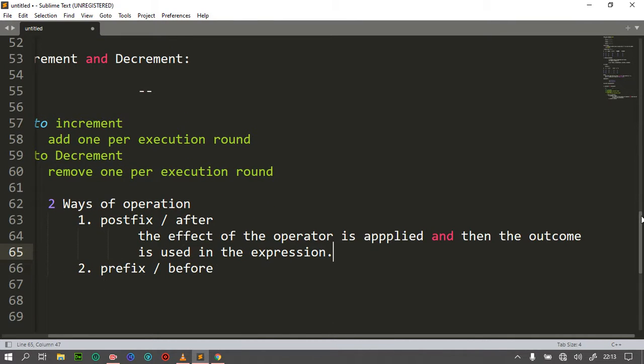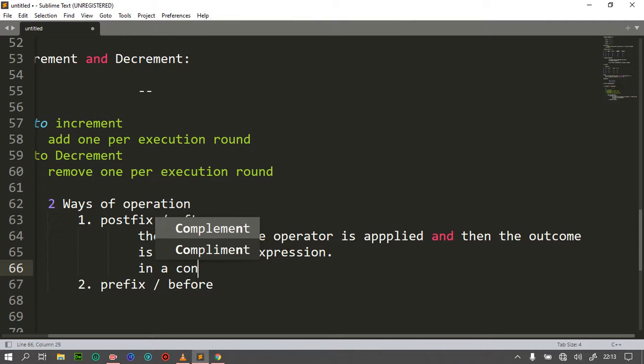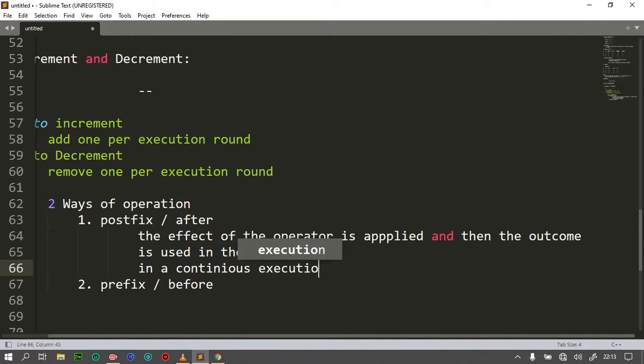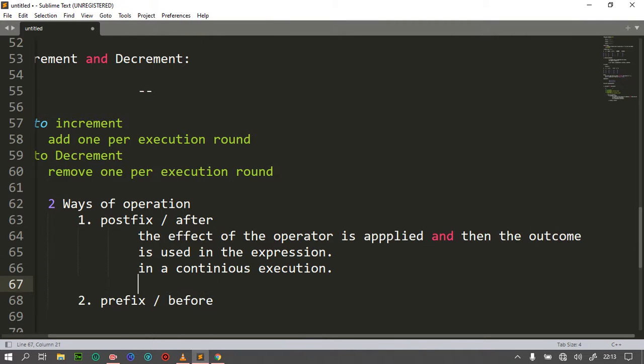But this is applicable in a continuous execution. Sometimes you can have an expression whereby execution is going to occur once, then this rule does not apply. When does the rule apply?